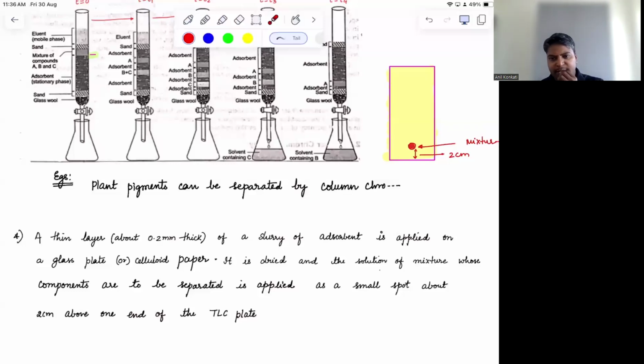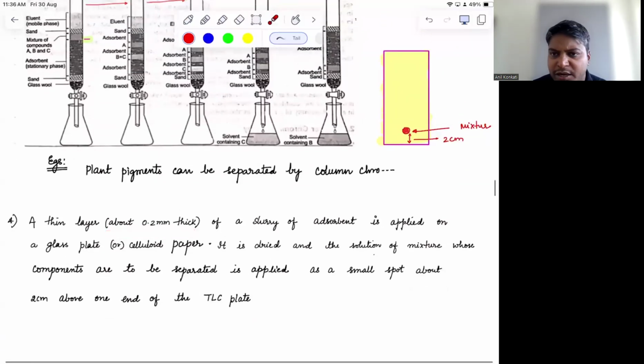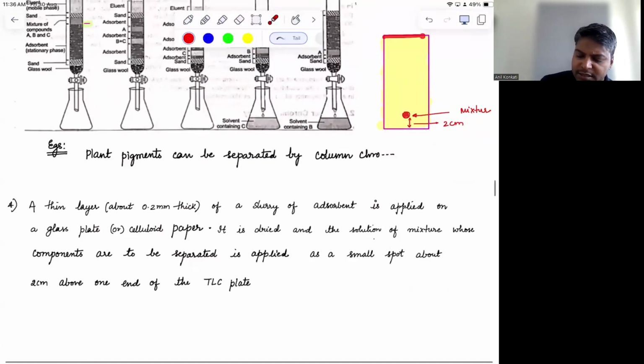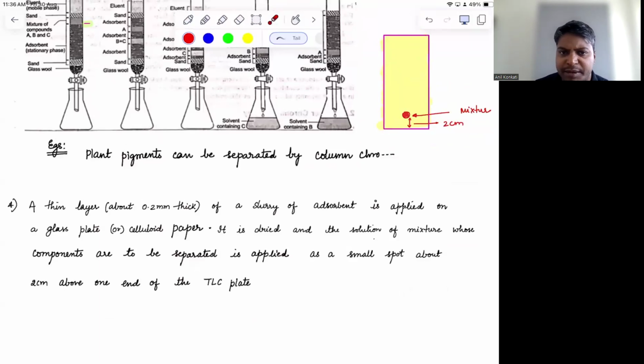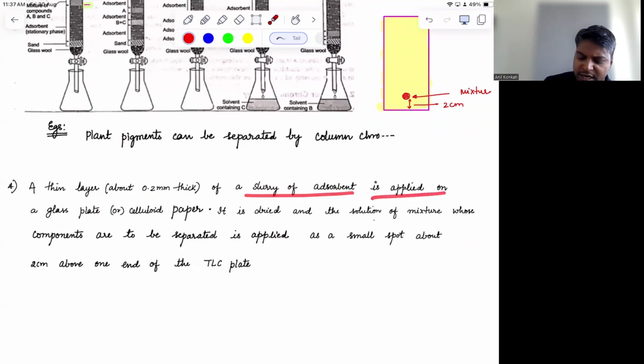Now, like I said, thin layer chromatography is also an adsorption chromatography. In thin layer chromatography, suppose I have to separate two substances, here we will take this glass plate. This is for small samples to separate out. A slurry of adsorbent, around 0.2 mm thick, is applied on the glass plate.